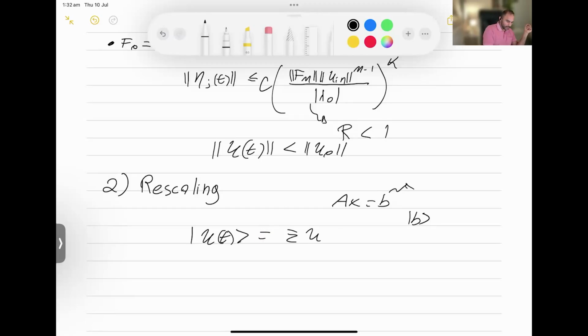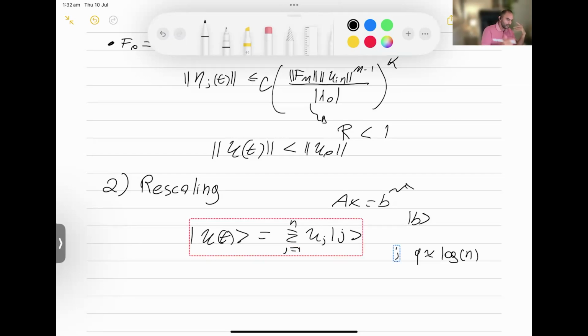So now you have amplitudes uj in the computational basis, in terms of j, starting from j equal 1. If I have a vector of size n, as I said before in the classical case, you end up with a number of qubits that is approximately the logarithm of the dimension of the vector. This is how you get the exponential speedup in the space resources that you have in the linear system solvers, for example, with this kind of encoding.